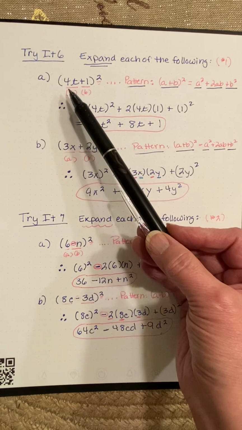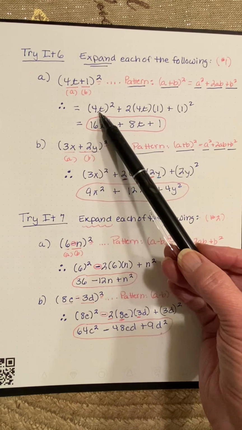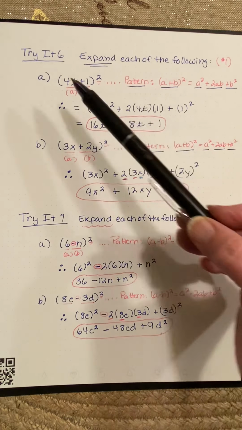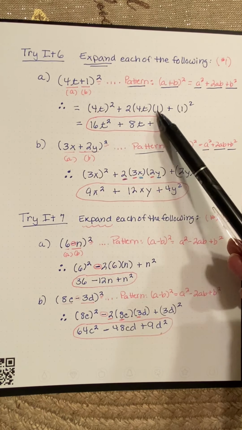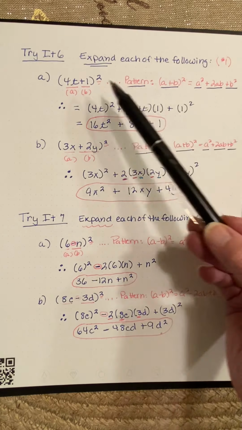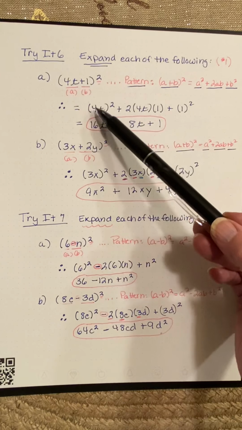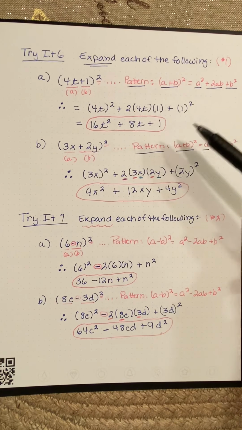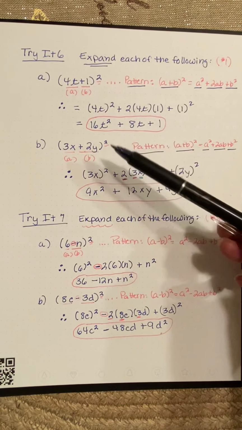So we're going to take the a, which is the 4t, and square it, plus 2 times the a times the b, plus the b squared. Okay, now I've taken this, used those numbers, and put it in that form using my a's and b's correctly. So I plug that into this formula, so to speak. Now I simply do what it tells me.